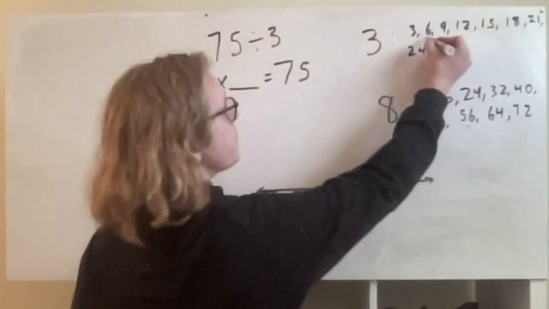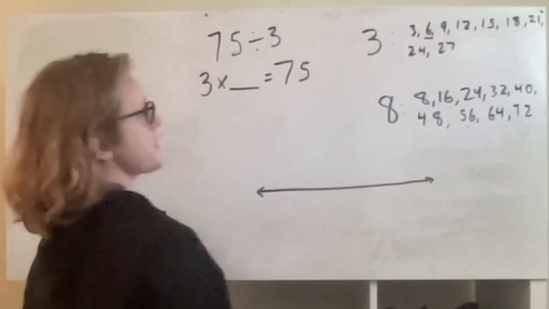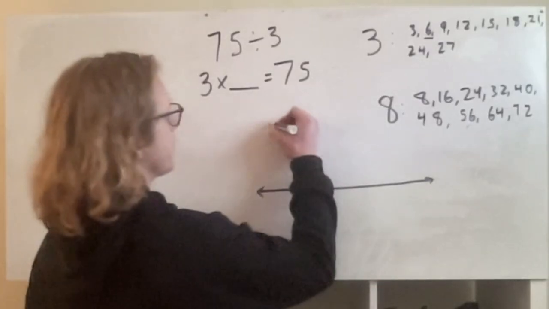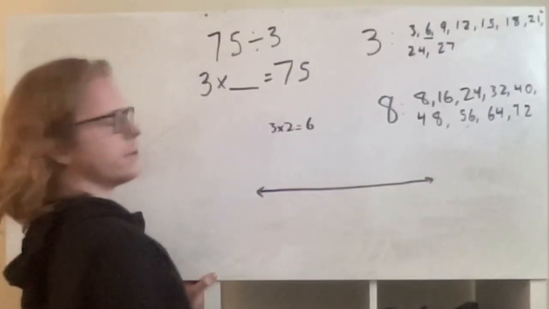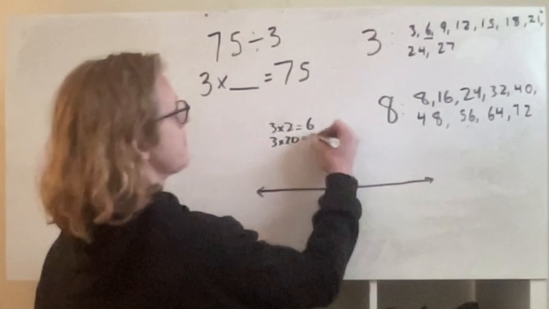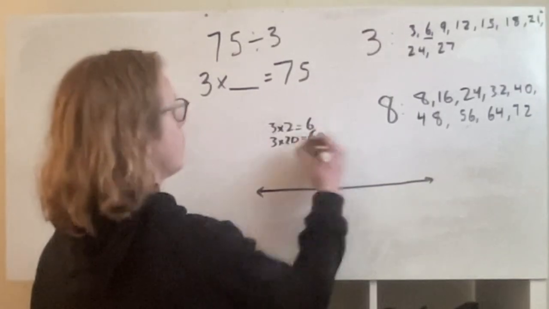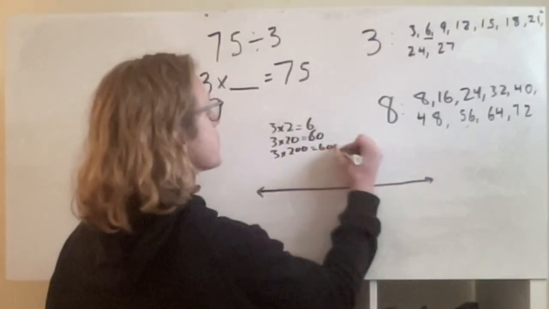The fact that's going to be key for us here is actually the 3 times 2 is 6. Because if 3 times 2 is equal to 6, well, what else do I know? I know 3 times 20 is 60. Or I even know 3 times 200 is 600, right?